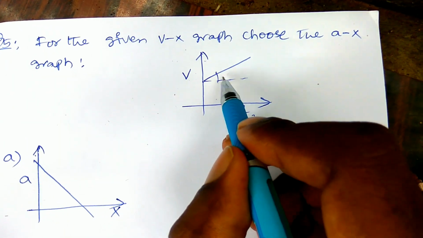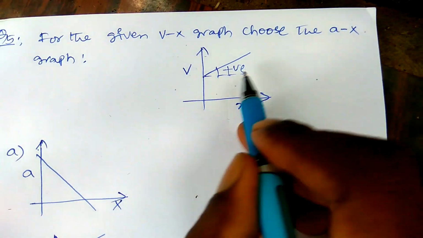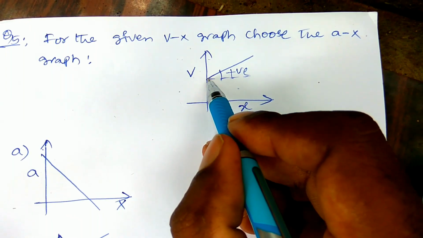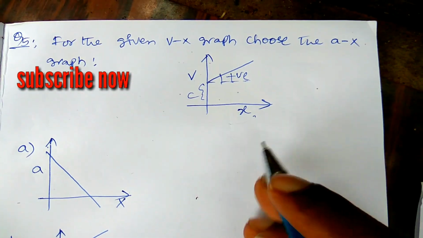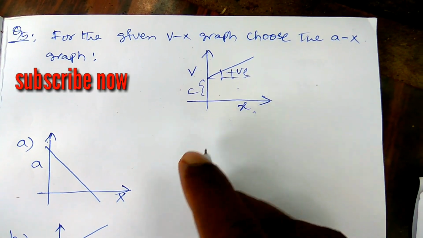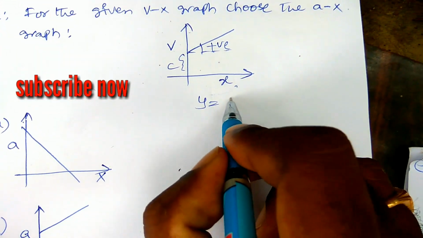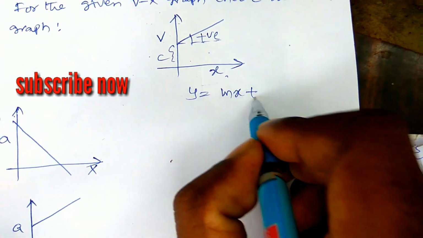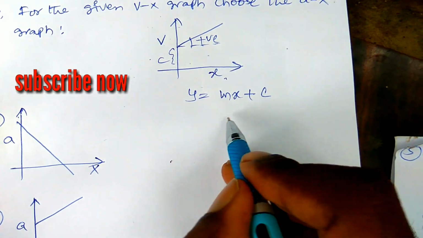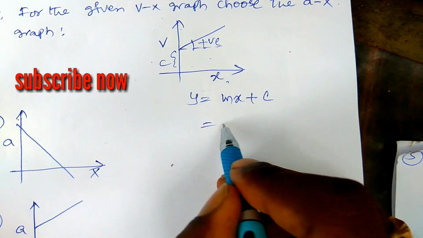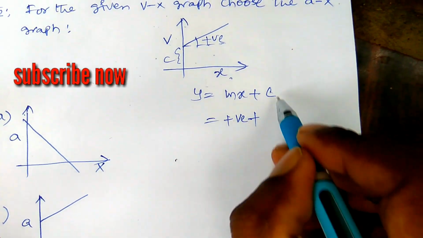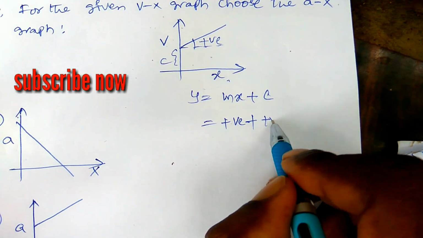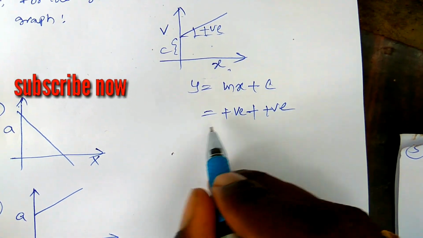Here the slope is positive, and here there is a constant c, which is also positive. From y equals mx plus c, the displacement x is also positive, so from this it is positive, and plus the constant is also positive.